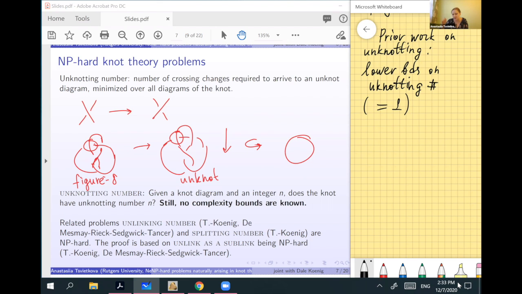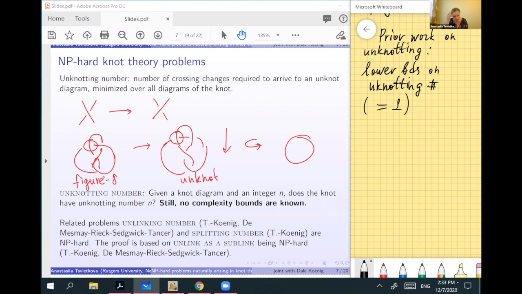P and Q is how many times you wind around the torus this way and that way, along longitude and meridian. But this is the result where you have not 1. Other than that, you're usually just happy to say that it's bigger than 1. And that's actually hard to say because you're saying that no matter what diagram you take, you can't do it with just one crossing change.